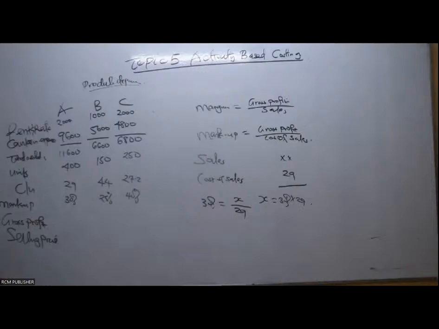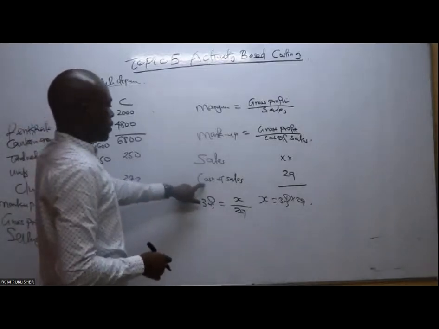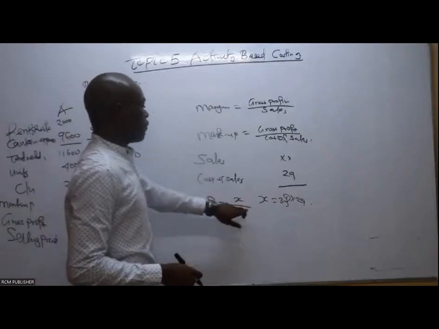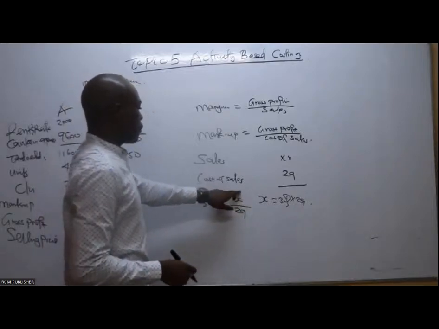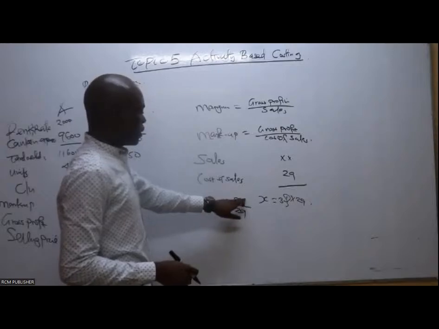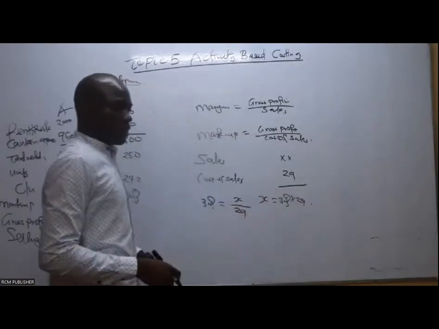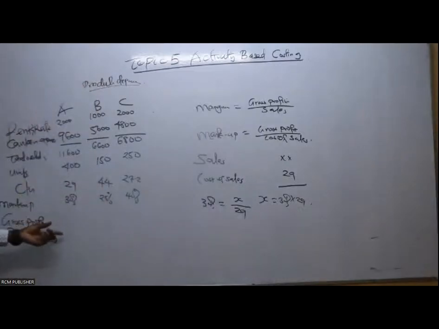Use the formula: markup is equal to gross profit over cost of sales. Our gross profit is X. How do we get X? It is 30% multiplied by this. For the first one, I'm going to have 30% by 29 to give me gross profit.